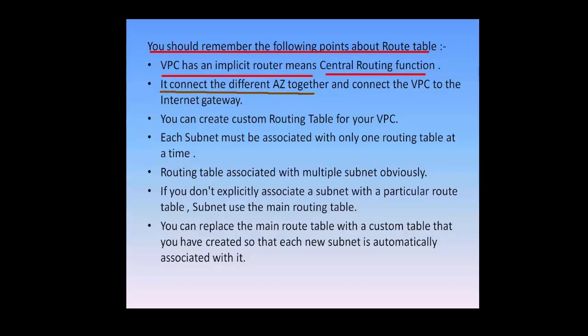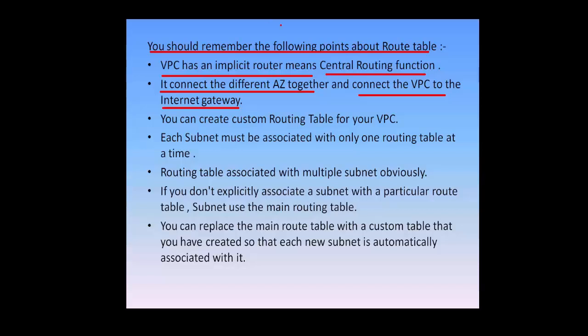So it connects different availability zones together and connects the VPC to the internet gateway. Implicit router means it works like a router. It's not physical, it's a logical router inside a VPC, because the VPC itself acts as a router to communicate between different subnets and to connect to the internet.